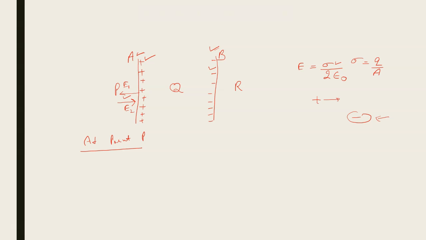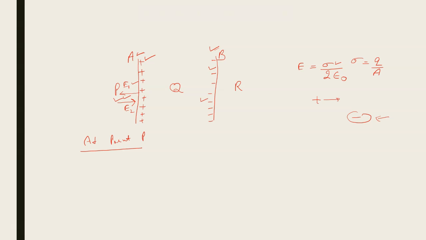I repeat, due to positive charges the direction is away from the positive charges, like E1. Due to negative charges, the direction is towards the negative charges, that is E2 in this case for point P.